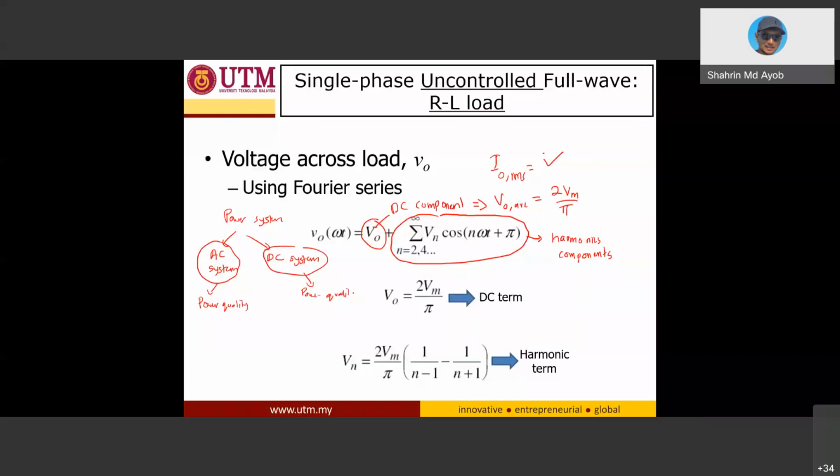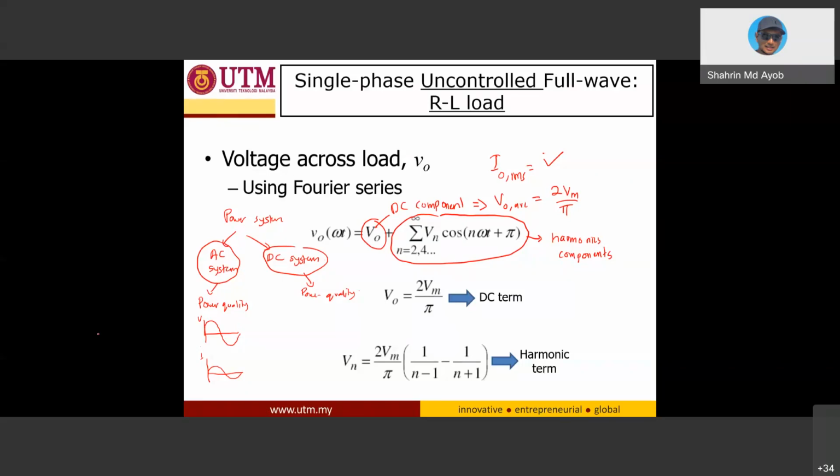For the AC system, the power quality requires that the voltage and current both must be sinusoidal and must be in phase. That is the objective inside the power system.